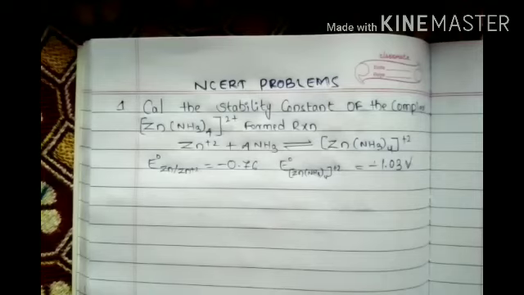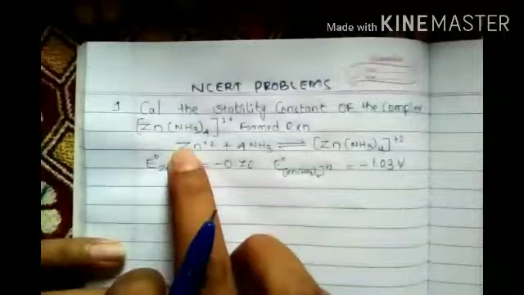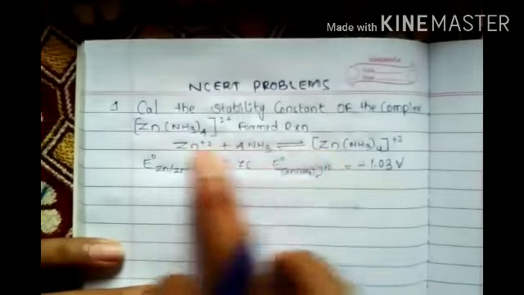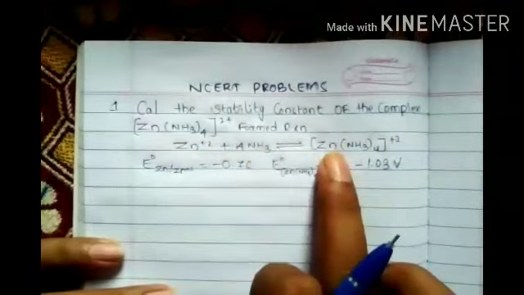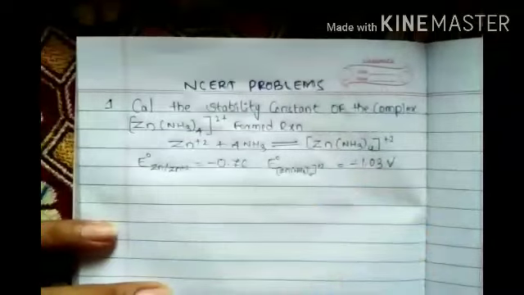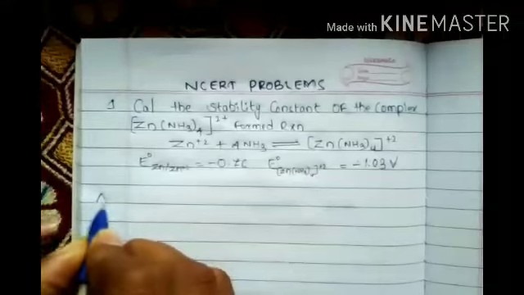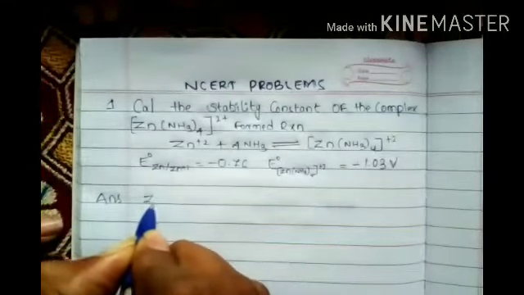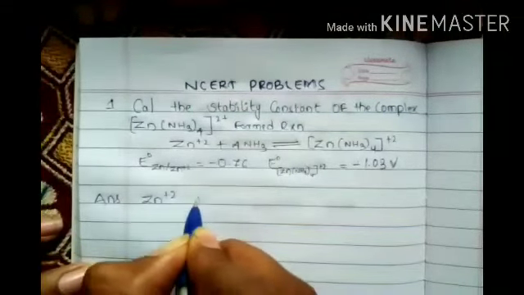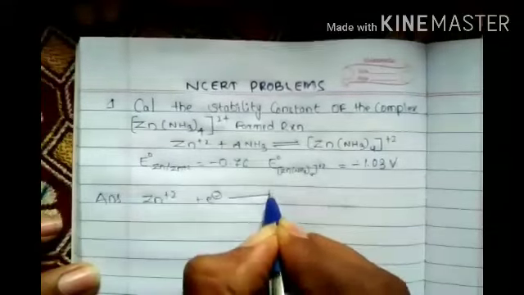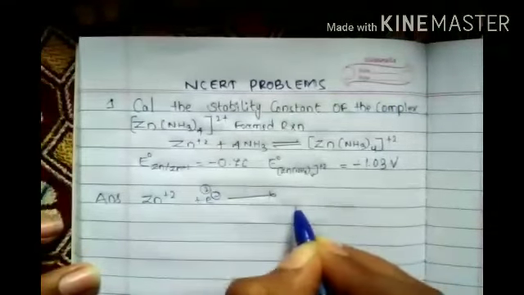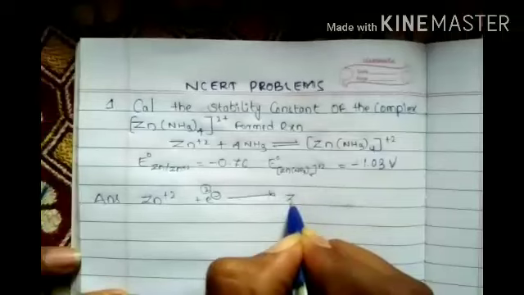Okay, see, in the given data, Zn2+ becomes Zn. So how is it going on here? First of all, Zn2+ is gaining electrons. How many electrons? 2 electrons. Gaining 2 electrons, it becomes zinc.